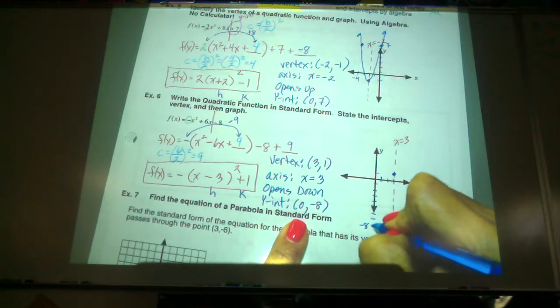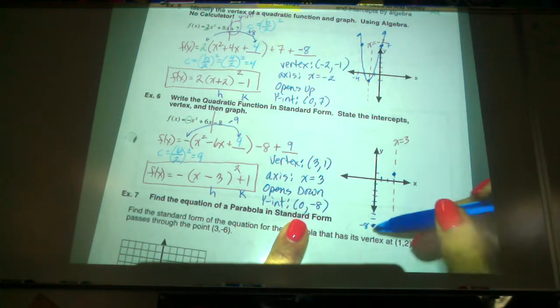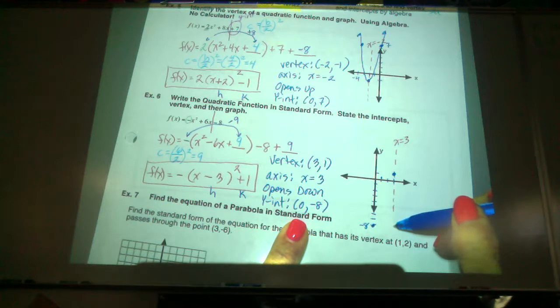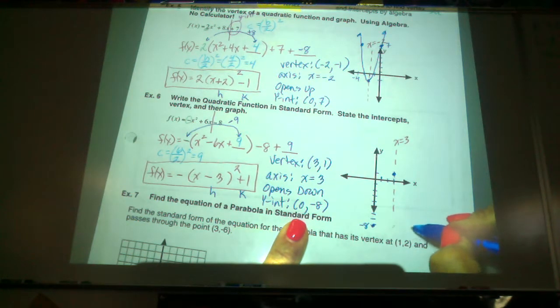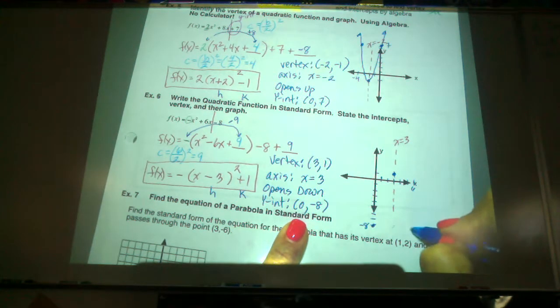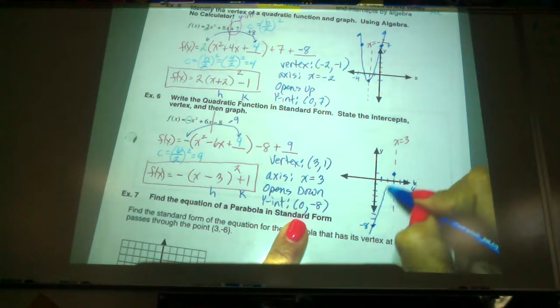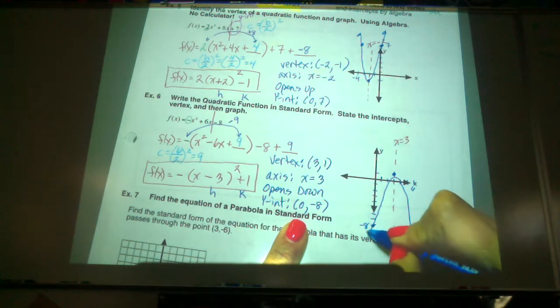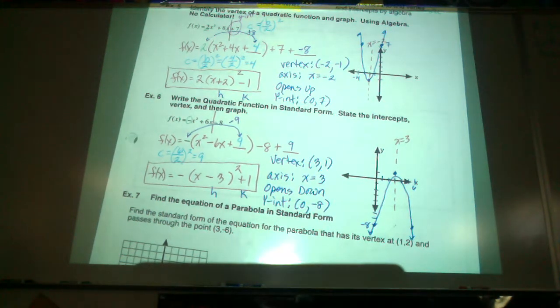So I have a point here. Now, this -8, isn't it 3 units away from the axis of symmetry? So I have a sister point that's 3 units to the right, so at 4, 5, 6, 3 units to the right here. Now I can draw a lovely shape for that parabola. And you want to check that, did it open down? Yes, it opened down.